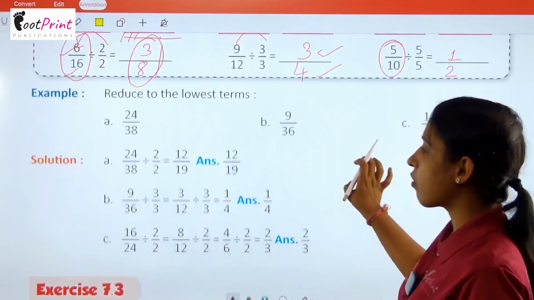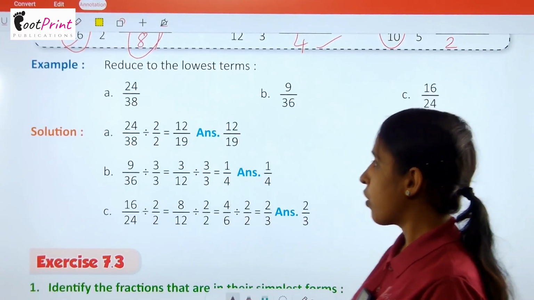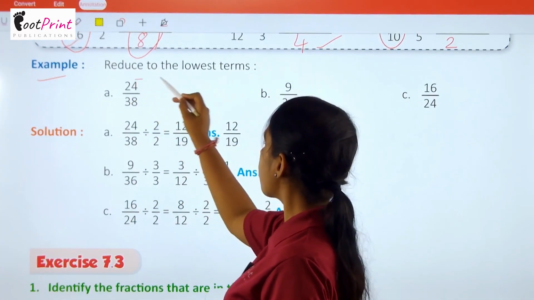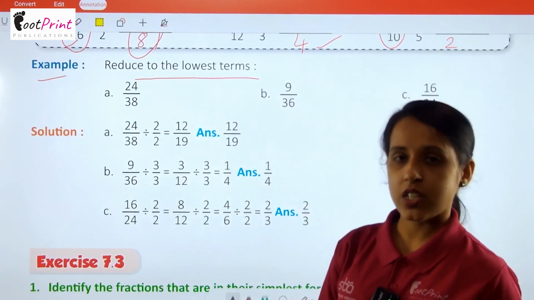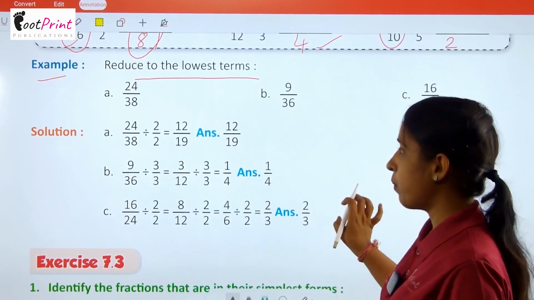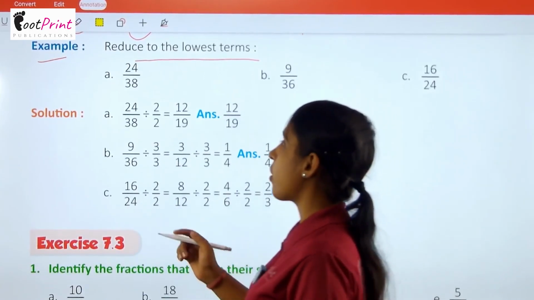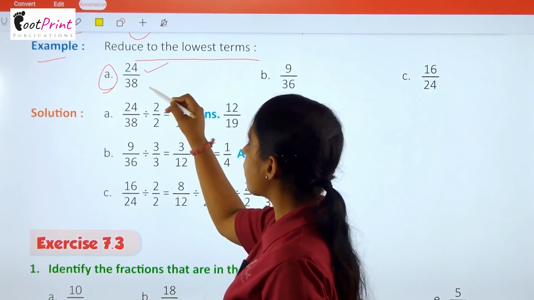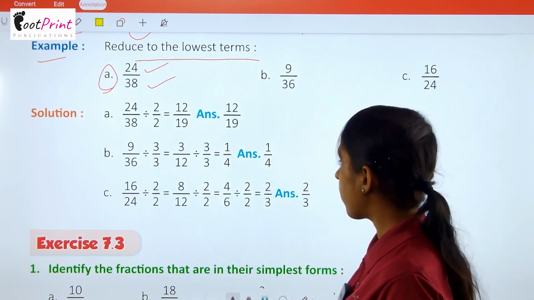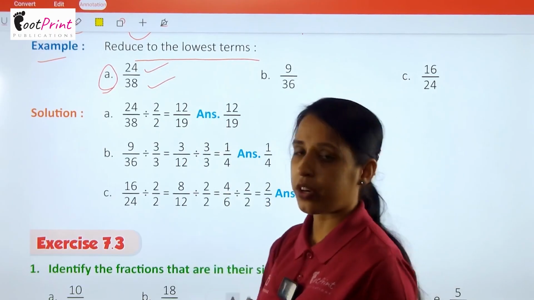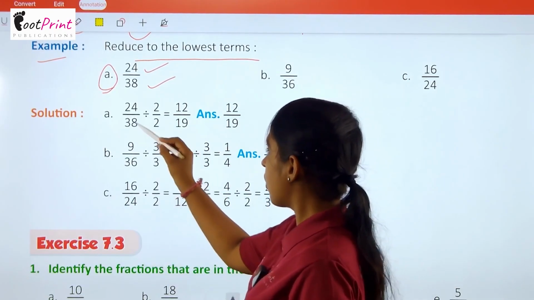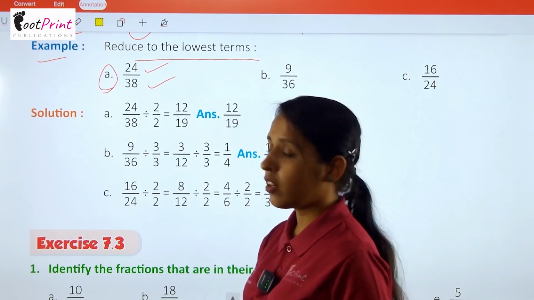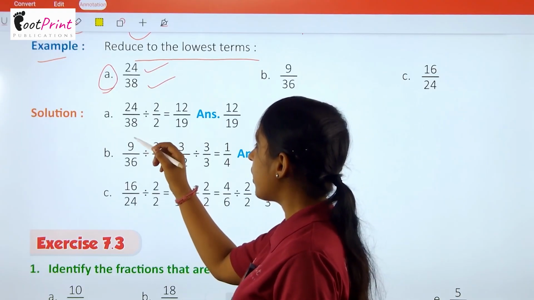Now we can solve some examples also. So here the example is given, reduce to the lowest term. So some fractions are given and we have to reduce them to lowest terms or simplest form. So the first one is 24 by 38. So first we will divide by the common factor.